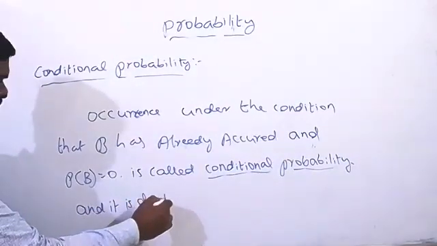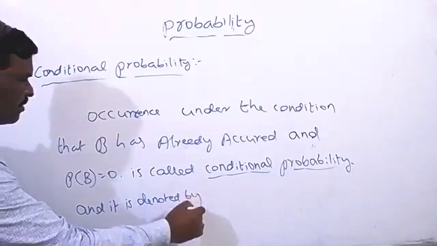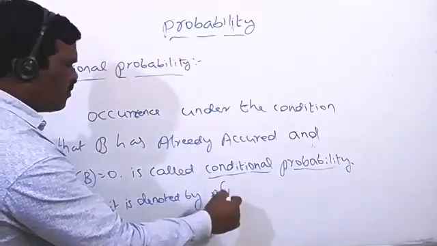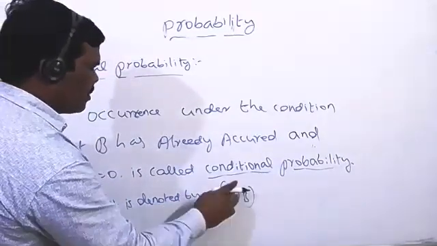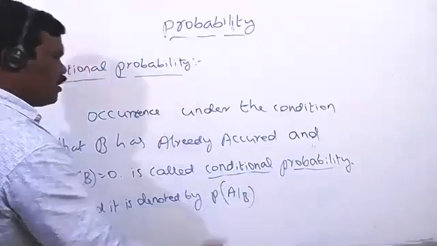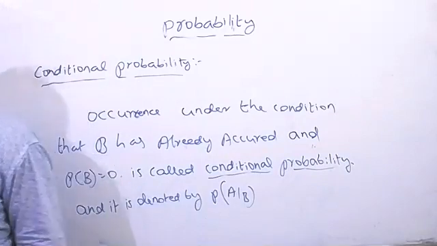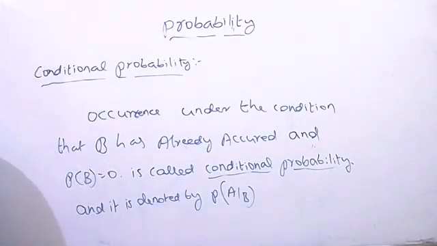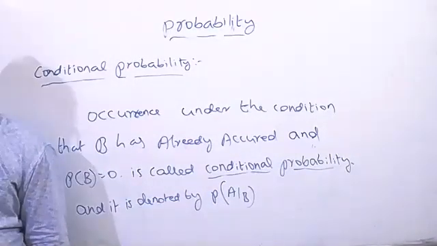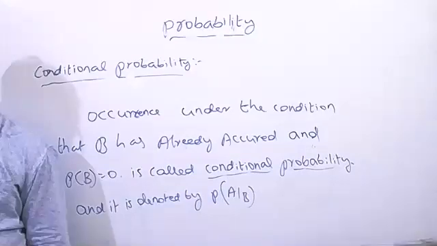probability of A by B. This is what we call the conditional probability. Now tell me, anyone, what did you understand in this definition?